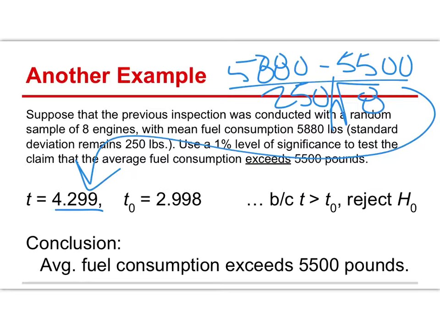And that gives you 4.299. Because our t-score was more extreme than the critical value, we are going to reject the null hypothesis. And we will conclude that we have enough evidence to show that the average fuel consumption is in excess of 5,500 pounds.